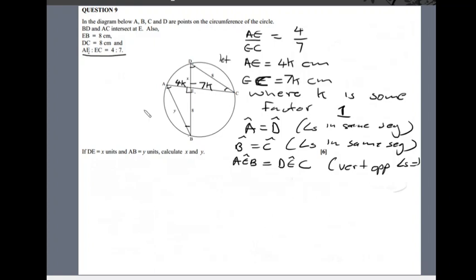you draw maybe a picture of those two triangles separately, right? So I know that from this triangle I can call this angle A, and then from the other triangle, because they are similar, maybe one is bigger than the other, we don't know, I know that A and D are the equal angles, right? And then I know that B and C are also the equal angles. So I'll say this is B and I'll say this is C, right? And then I know that E and E are the equal angles also.